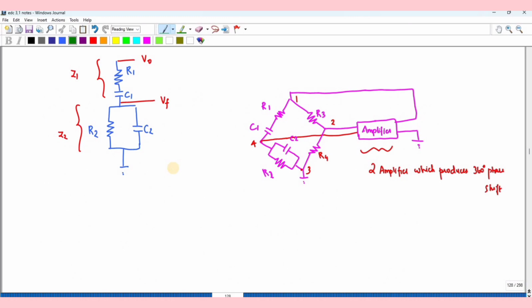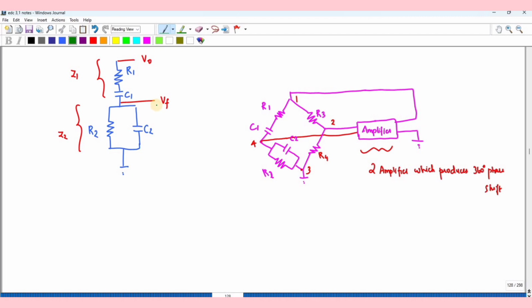Let me take R1 and C1 in series as Z1, and R2 and C2 in parallel as Z2. This is an amplifier which will produce a 0 degree phase shift, and the output is connected to the input of the R1 C1 and R2 C2 network.